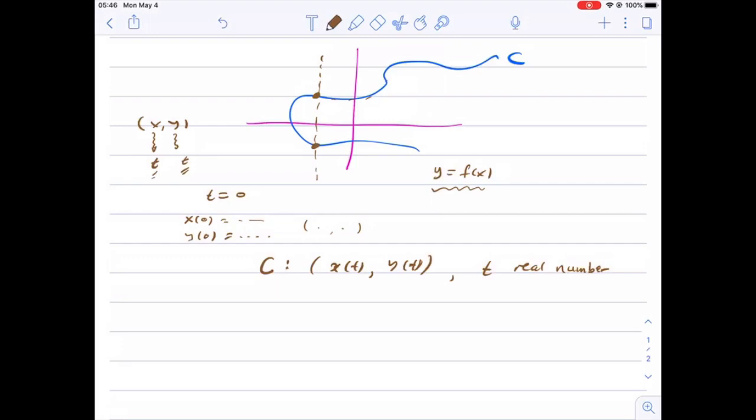For example, when we deal with angles, sometimes we restrict t to be between 0 and 2 pi, and so on.